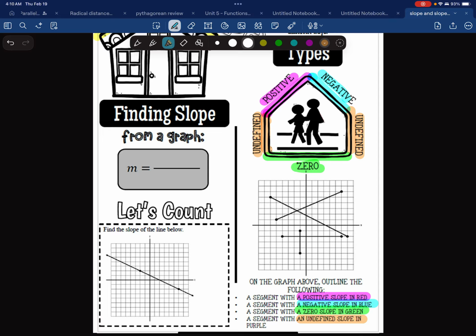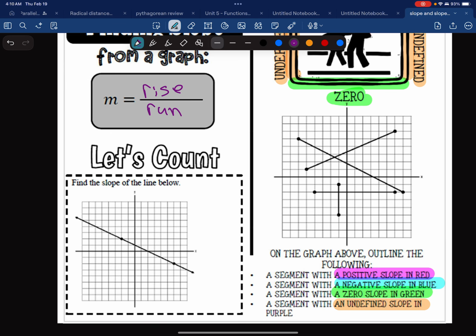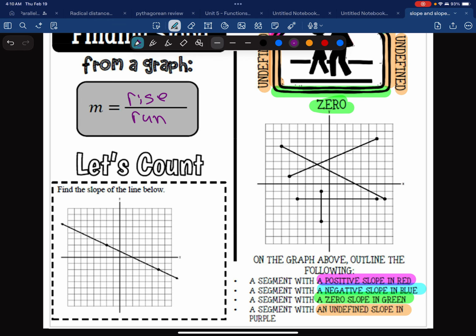Now that you understand positive, negative, undefined, and 0, let's look at a graph. We know slope is rise over run. As I've already said, to read a graph, you start on the left and you read to the right. So how do I know whether I need to go up or down?